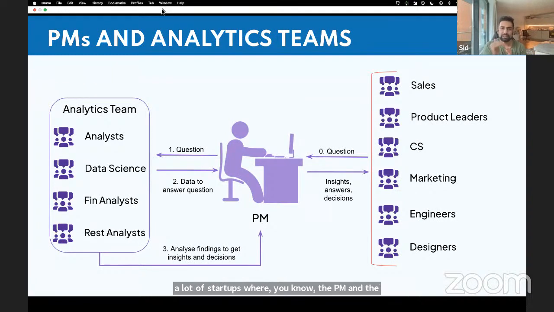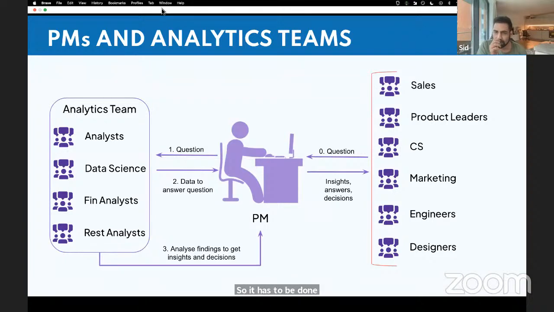I worked with orgs which are slightly, not too early in the startup stage, but slightly more mature. They actually start hiring one or two people, and those people kind of become the analytics team. But the core of the message is that no matter how many people you have or not, as a product manager or as an entrepreneur, you cannot make sound decisions without doing analytics. So it has to be done.